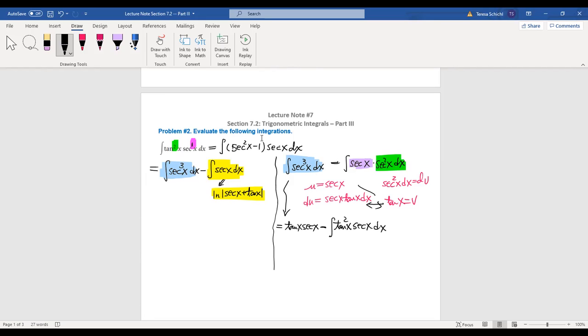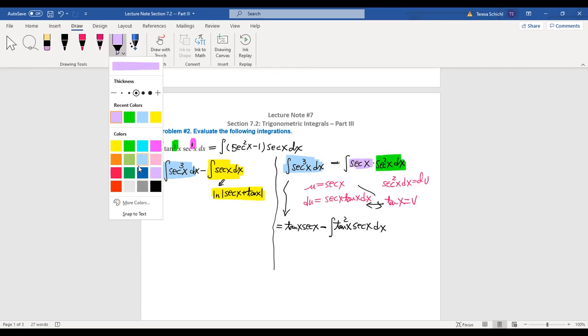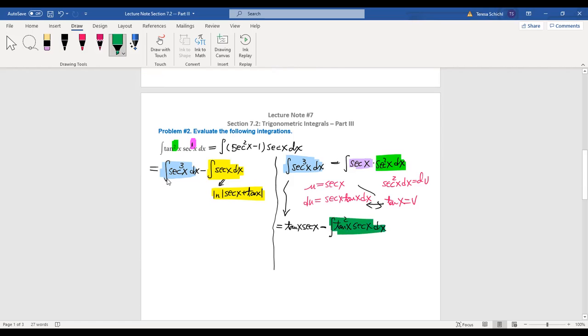Gee whiz, did you see something here? This is back to what I have in my problem: secant x, tangent square x. Oh boy, I got back to my original problem.